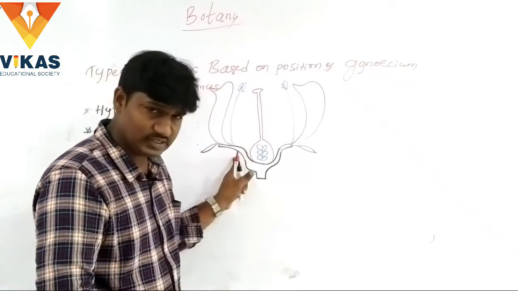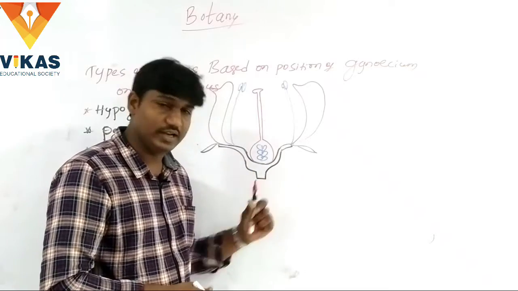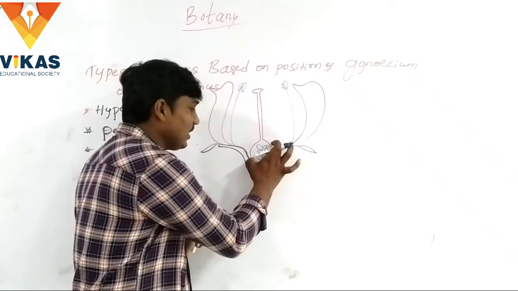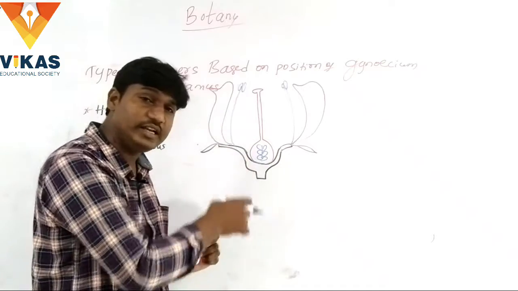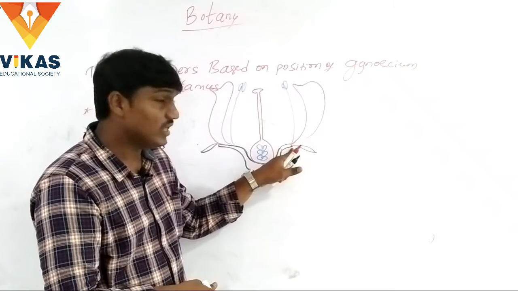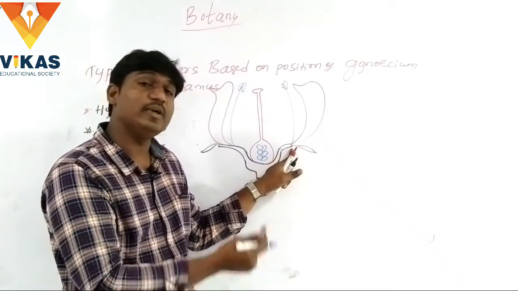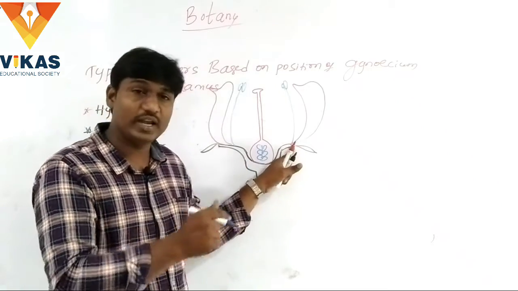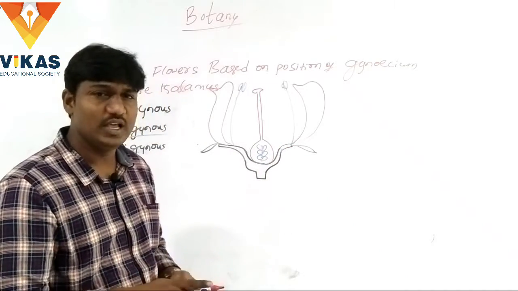The thalamus is cup-like in structure, and the ovary is seated at the center of the thalamus, where other parts are arranged from the rim of the thalamus. From the rim means the edge of the thalamus.